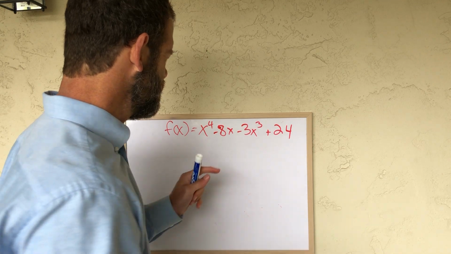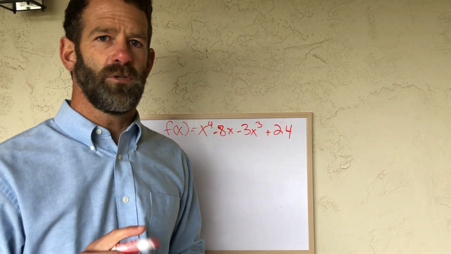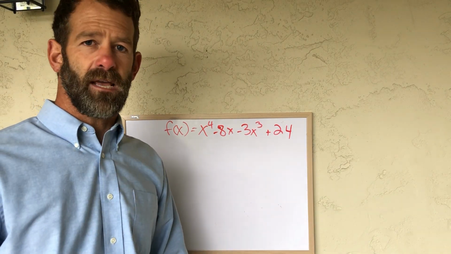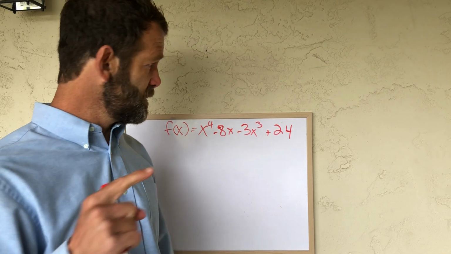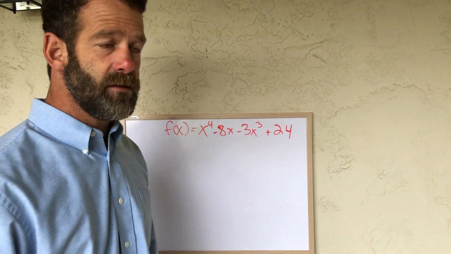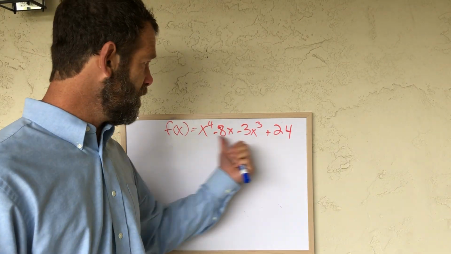The question is not only factor it, but find all the roots without using your calculator. Meaning don't plug this in your calculator. We're going to use synthetic division. We're going to use factoring cubes. And we're going to use probably the quadratic equation, you'll see in a second, to find all the roots.